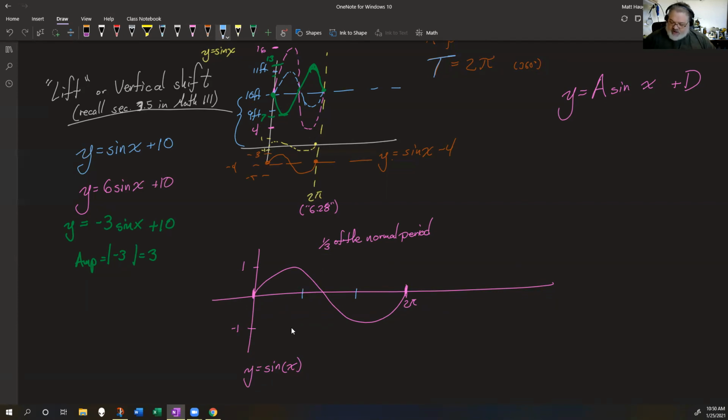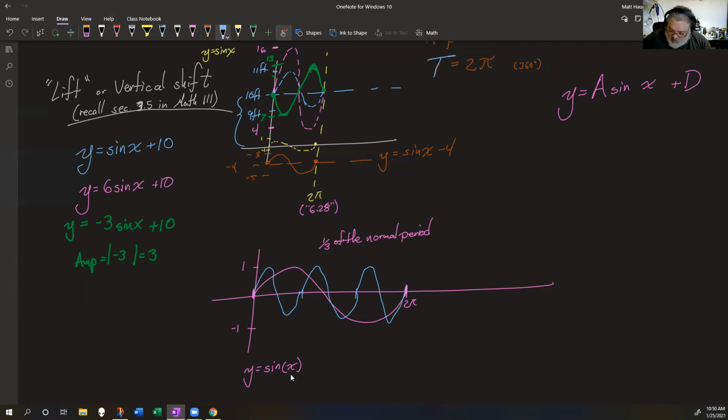So instead of happening over those 6 units, I want one oscillation in 1/3 that length, another oscillation in 1/3 that length, and another in 1/3 that length. I want to increase the frequency 3-fold.